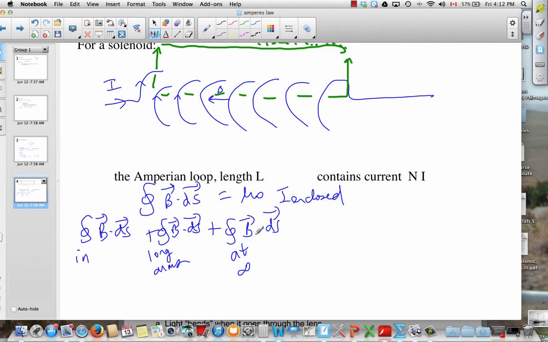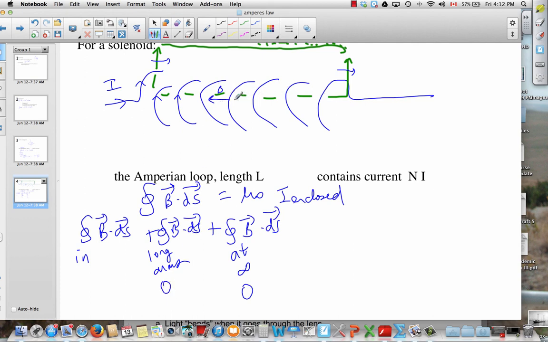Now, way, way far away, the magnetic field is going to go to 0, so that'll be 0. On the long arms, well, the right-hand rule tells us the magnetic field is to the left here, but then it's going to loop around, and as it returns, it's going to cut through these long arms perpendicular to them, so that the dot product is 0. B has no component in the direction of the loop, so this is just 0.